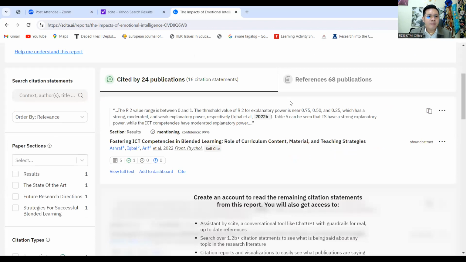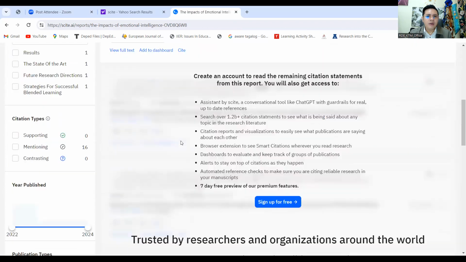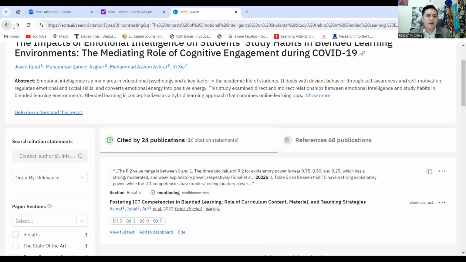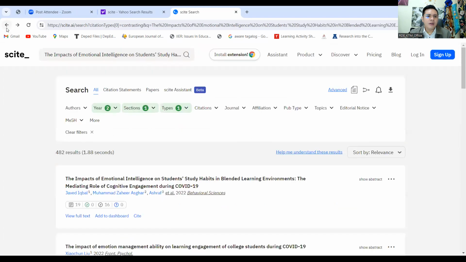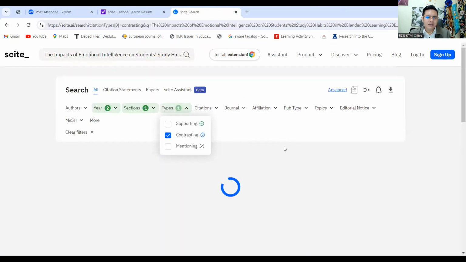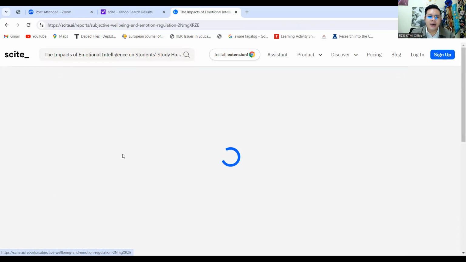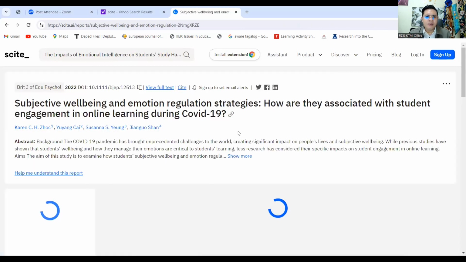Okay, so here the type will be contrast, and let's see what happens with our artificial intelligence. Suppose we get "Subjective well-being and emotional regulation strategies: how are they associated with students' engagement in online learning during COVID-19?" A synonymous paper.